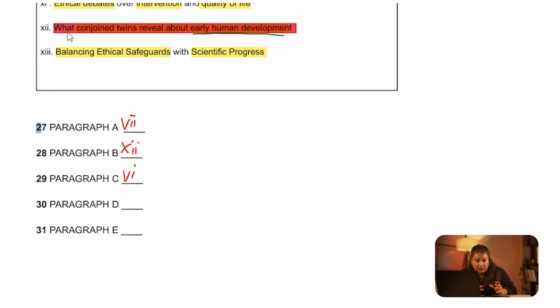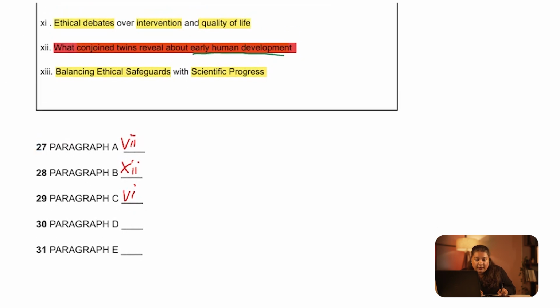So that's what we have done. We have read it, we have understood the meaning, and then I'm trying to match with the words in the passage and the headings. So we'll eliminate option 13. We don't have anything talking about ethical safeguards or scientific progress. So we'll stick to option number 11. Let's strike that out. Answer to paragraph D is ethical debates over intervention and quality of life. Option number 11.